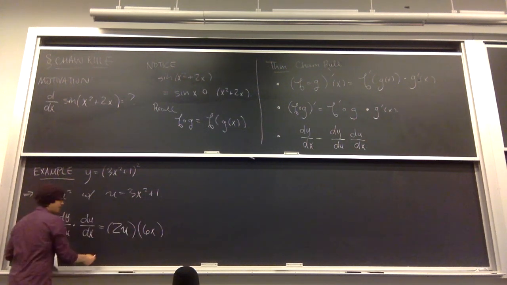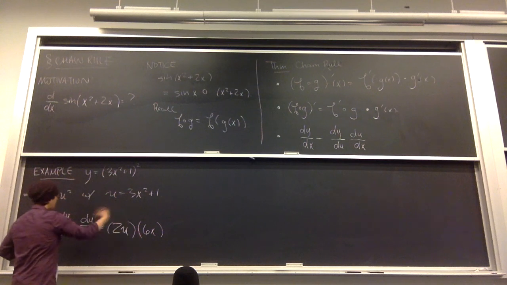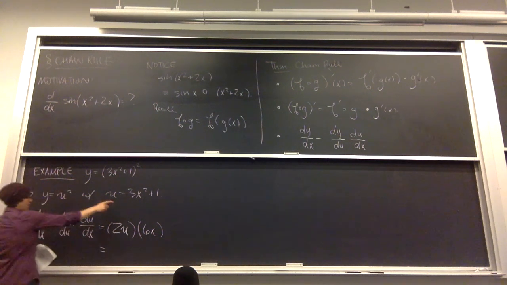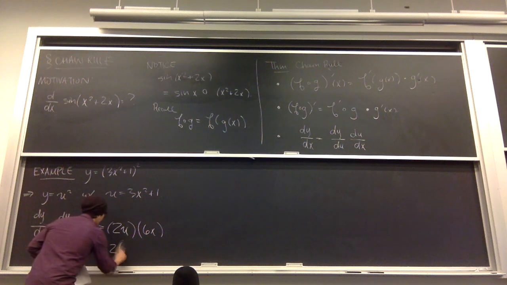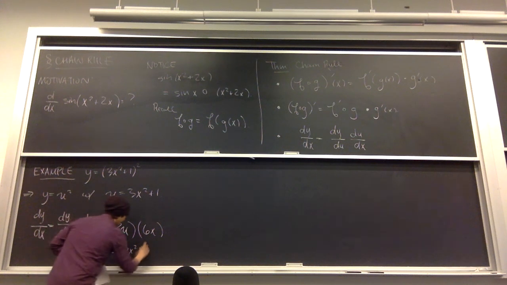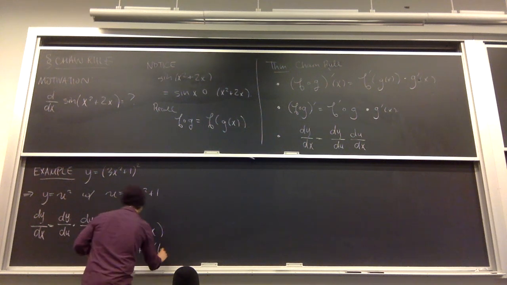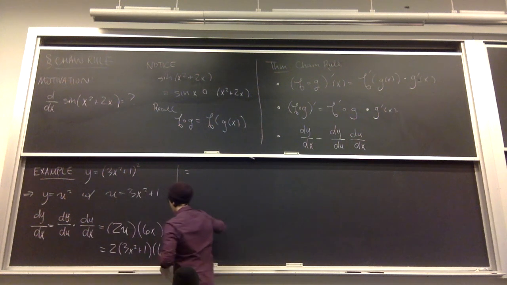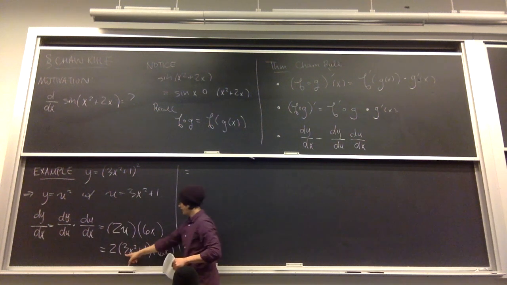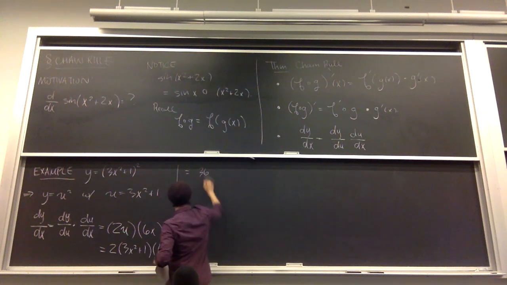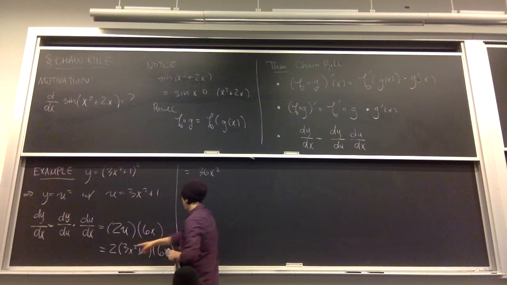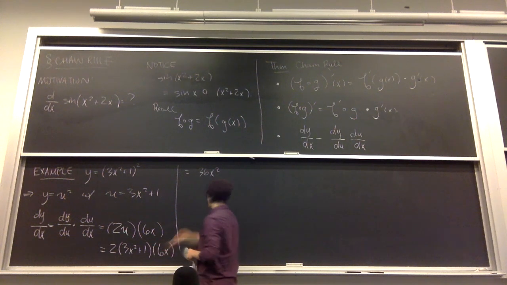Okay, but we're not done yet because I want to bring this all back to using x's. So I'm just going to put back the u, so you get 2 times (3x squared plus 1) times 6x, which means ultimately we have what? 36x squared plus 12.